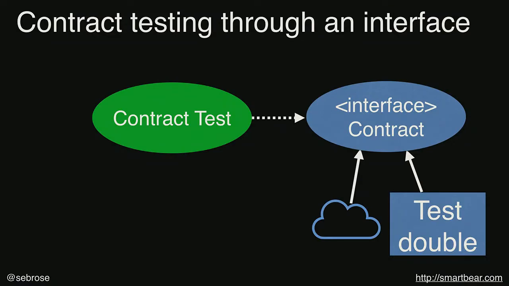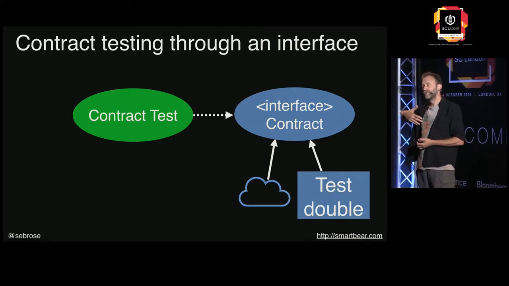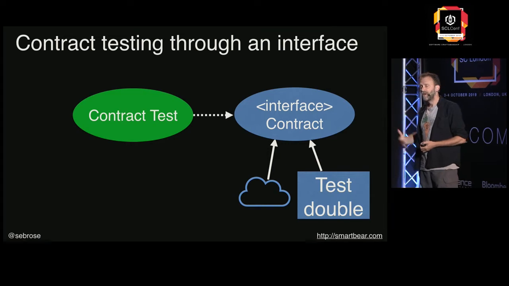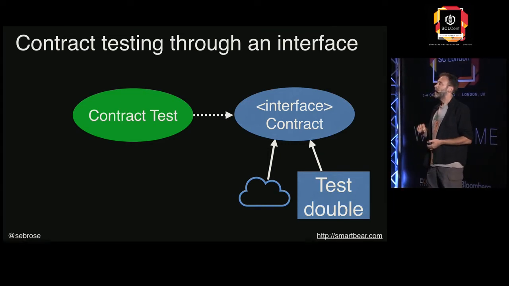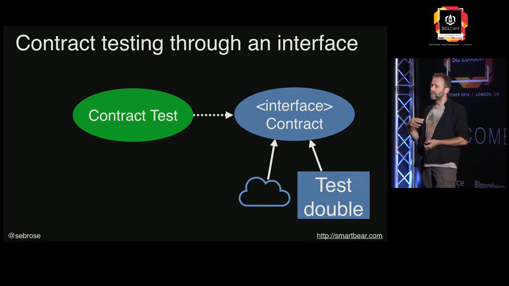So I'm going to walk you through contract testing from first principles, doing it in C#. This is one implementation mechanism for writing a contract test. Your contract test will access whatever service it is in the component on which you are dependent via an interface, and this interface will be implemented both by your test double and also by your external component.